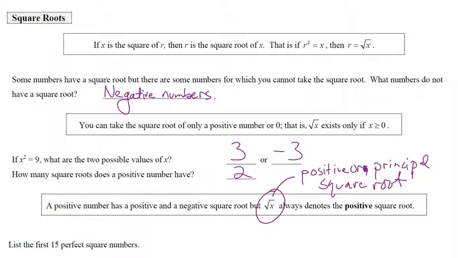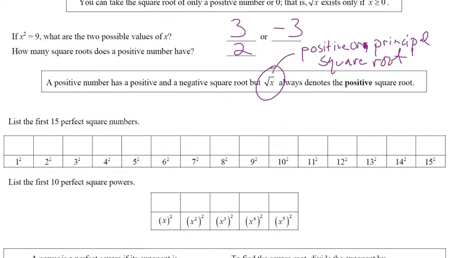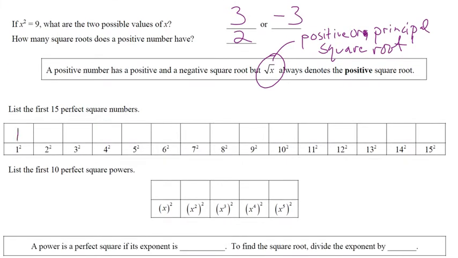Okay, list the first 15 perfect square numbers. So 1 squared, 2 squared. Okay, so I'll just let you fill in this table, right?